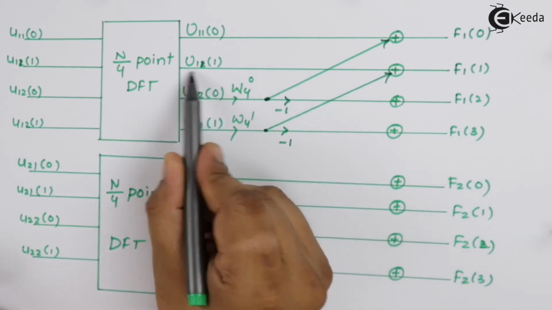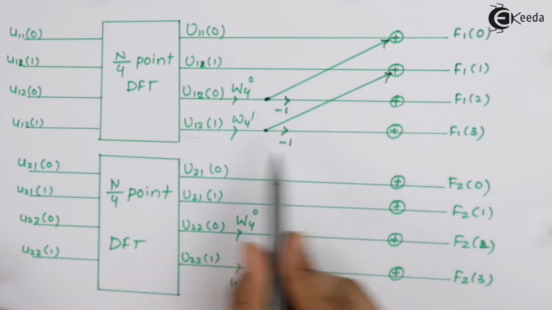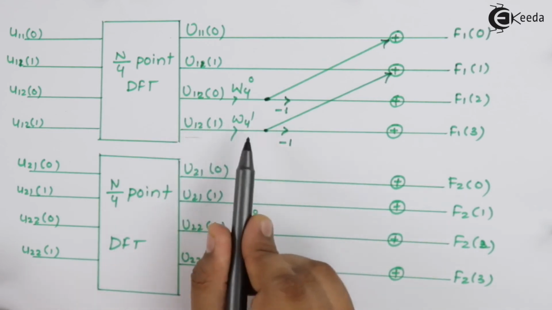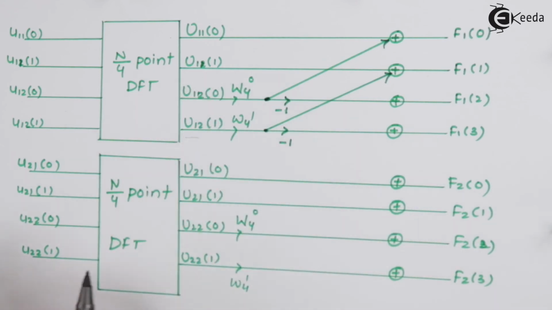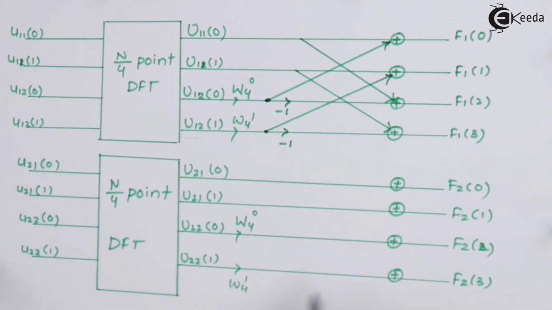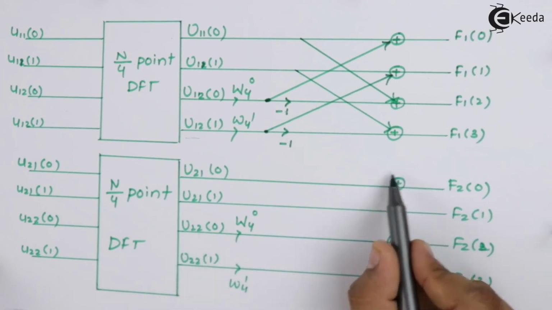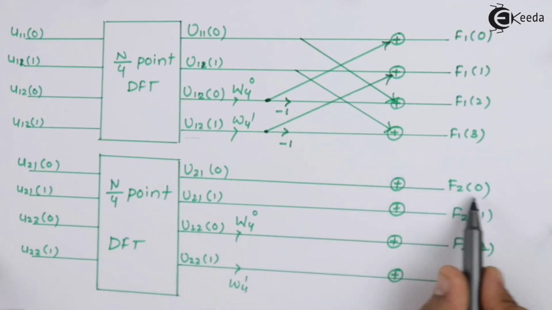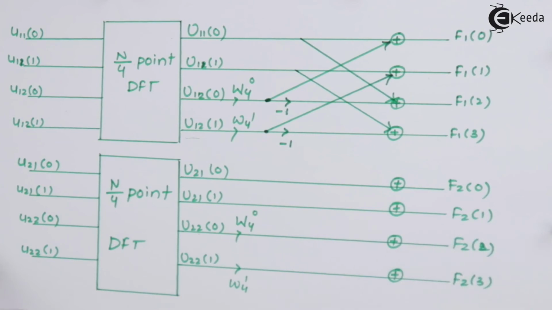Similarly, if I connect u11 of 1 over here, then automatically this whole product term is subtracted from u11 of 1. Now similarly, we can do the same thing with the next half part also, which means these next two values are added with the first two values to get the answers f2 of 0, f2 of 1. Similarly, if we multiply a minus sign but after that dot, then these two values will be subtracted from u21 of 0 and u21 of 1 to get the values of f2 of 2 and f2 of 3.